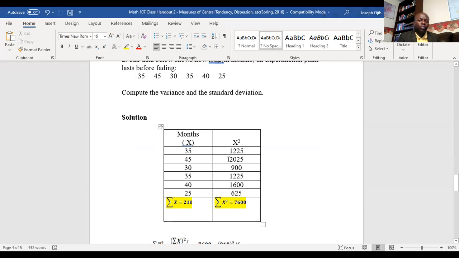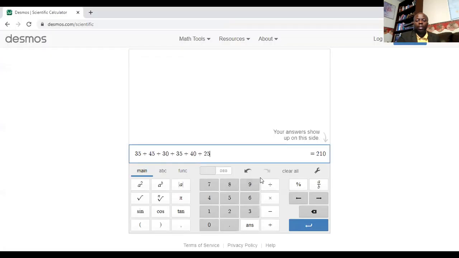How do we get this column? You square each number here. That means 35 squared, 35 times 35, gives us 1225. I can show you on the calculator. With the Desmos calculator, we clear this, type 35, and this is the square symbol right here.